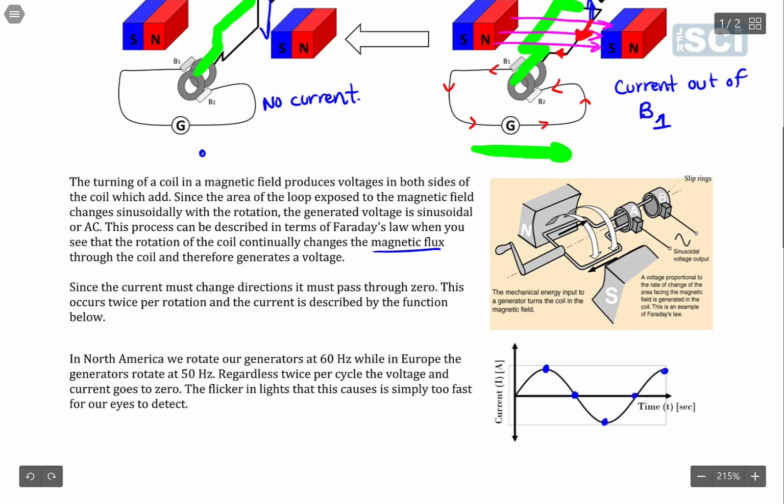Now in North America, the rate at which this current is changing is 60 hertz, which means that it's alternating 60 times in 1 second. And in Europe, it alternates at 50 hertz, which means it's alternating 50 times per second. And this actually causes the lights, say in our classroom, to flicker 60 times every second.